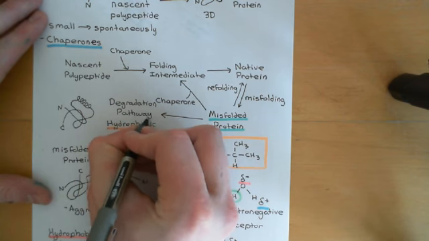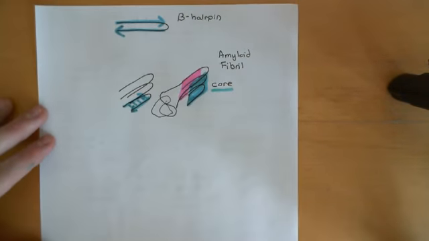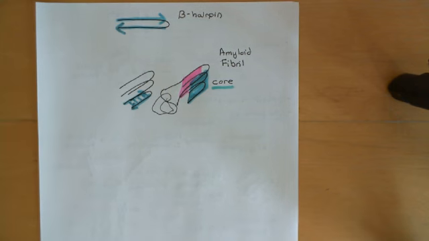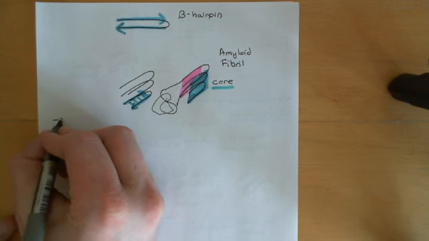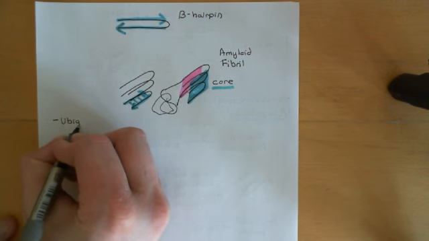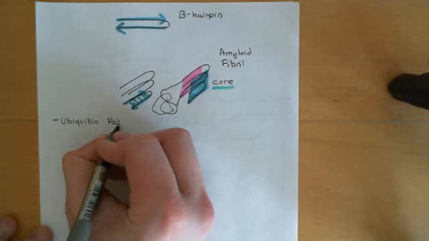Okay, so again, we will discuss this in much more detail later on, but for now, let me just outline the two major degradation pathways that cells have. There is the ubiquitin proteasome pathway, which we'll go into in a lot more detail later on.